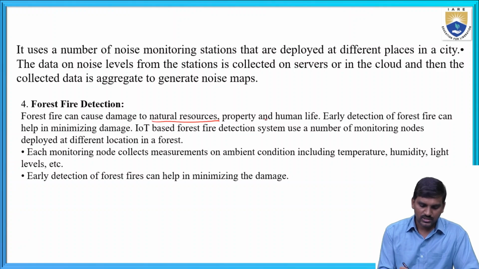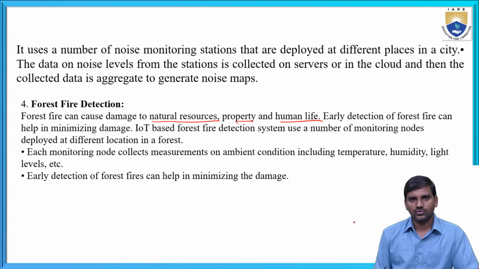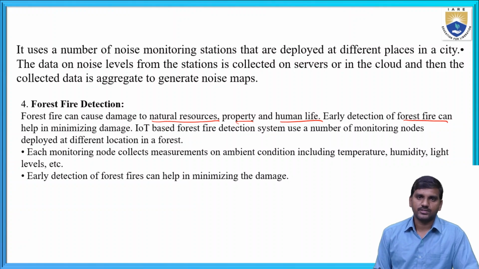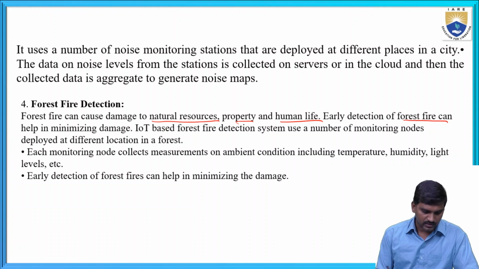It can damage natural resources, property, and human life. Early detection of forest fires and alerts can minimize the damage. If you implement an IoT system there, it can detect the fire. Before that, it has to gather data on humidity, temperature, and some other input parameters.